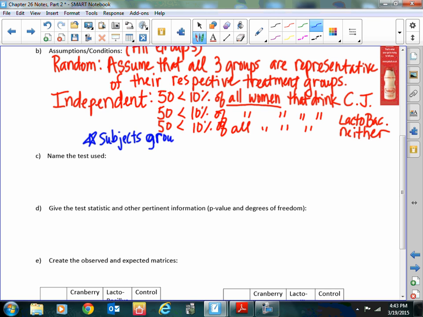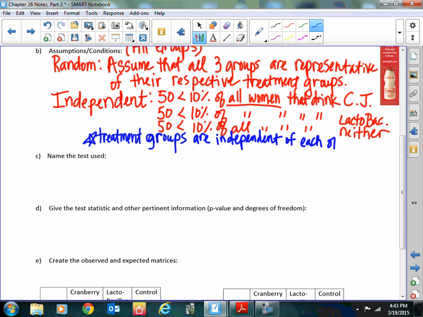The subject groups, treatment groups. That's better. Sorry. Not perfect on that. So the treatment groups are independent of each other. I like that better. Treatment groups are independent of each other. Okay, that's the new thing.